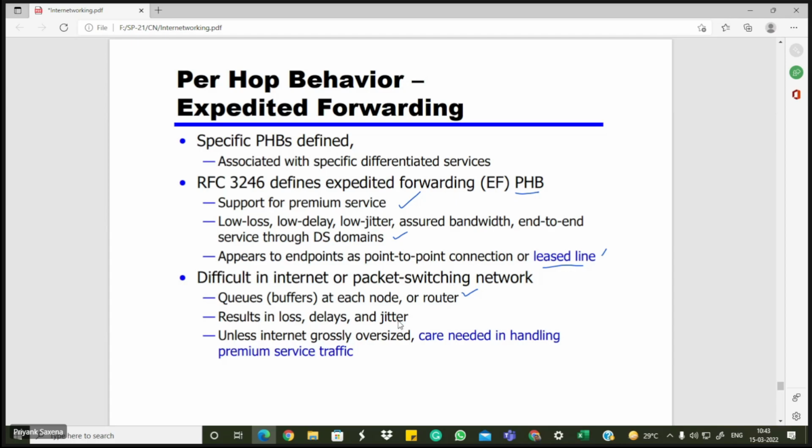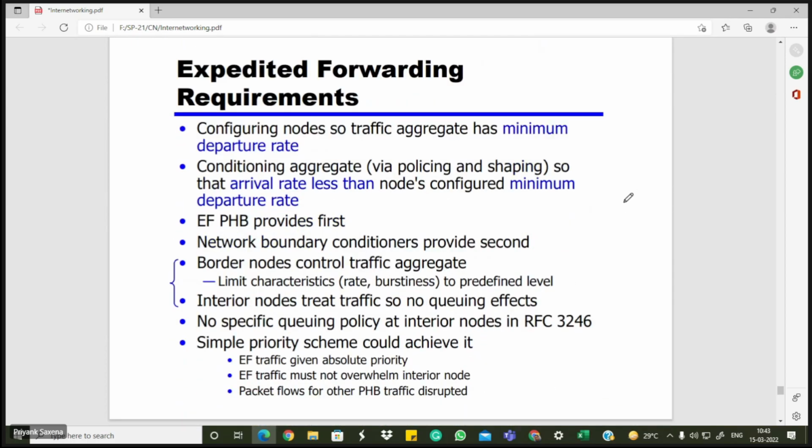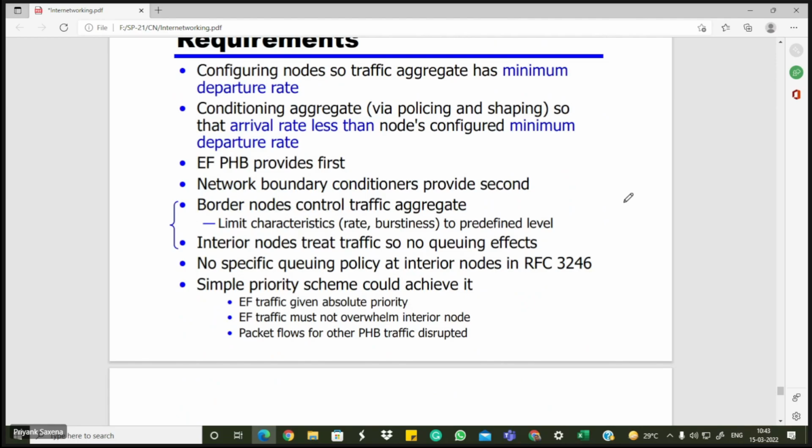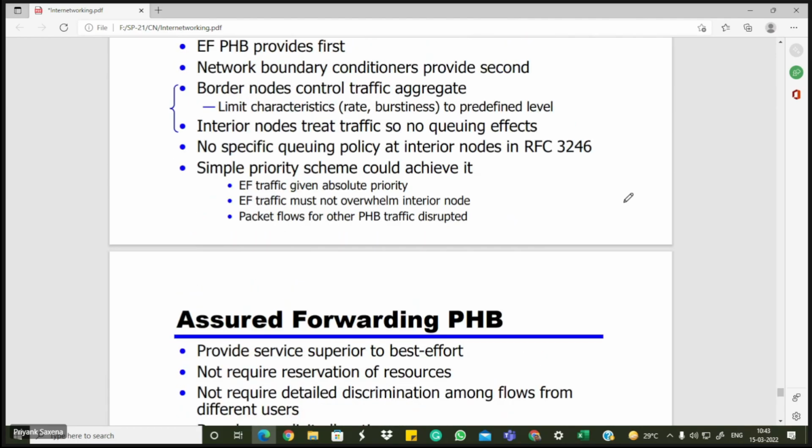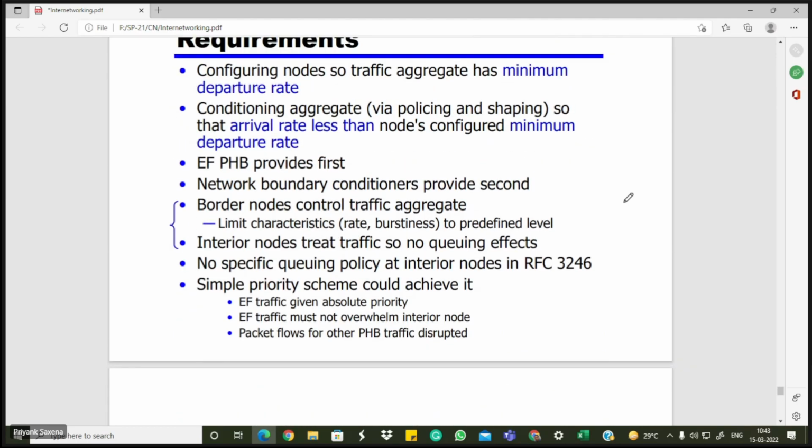Basically it is a part of traffic scheduling, so care is needed in handling premium service traffic. And there is an assured forwarding per hop behavior. Configuring nodes so that no traffic aggregate has a minimum departure rate, with arrival rate less than the minimum departure rate.